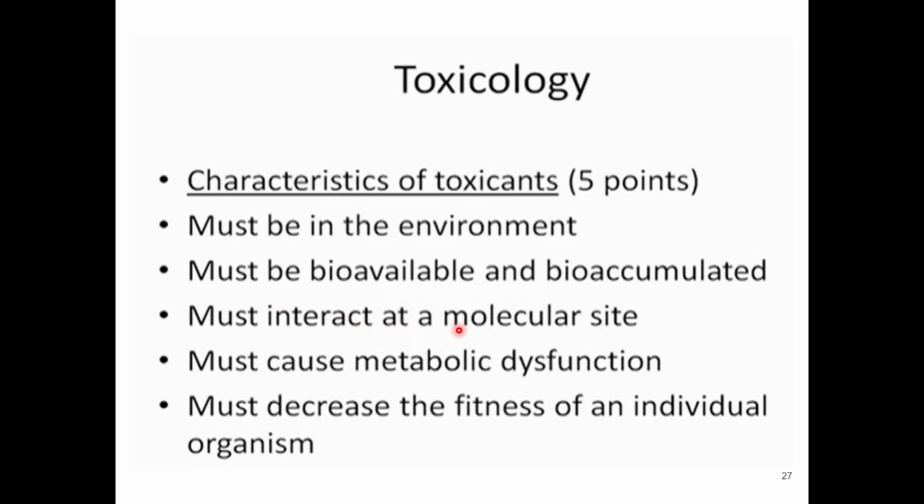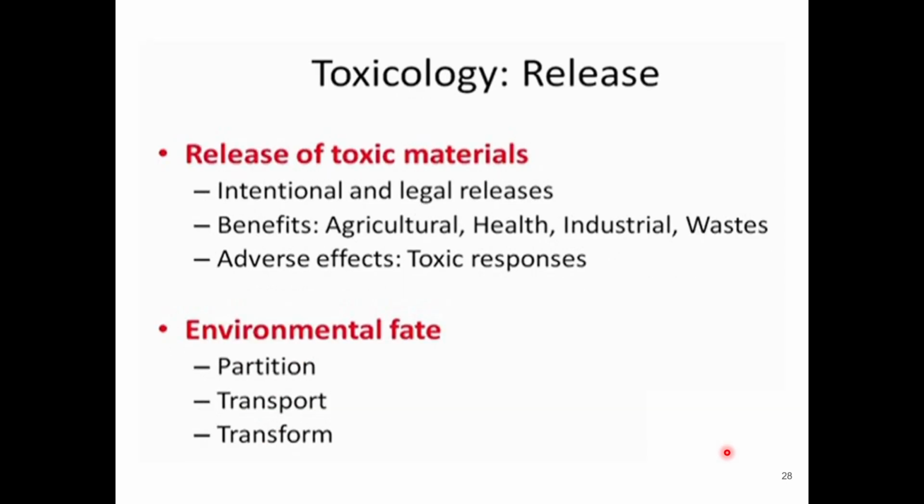Thirdly, it must interact at a molecular site. Fourthly, it must cause metabolic dysfunction. And fifthly, it must decrease the fitness of an individual organism. So these are the characteristics of a toxicant.